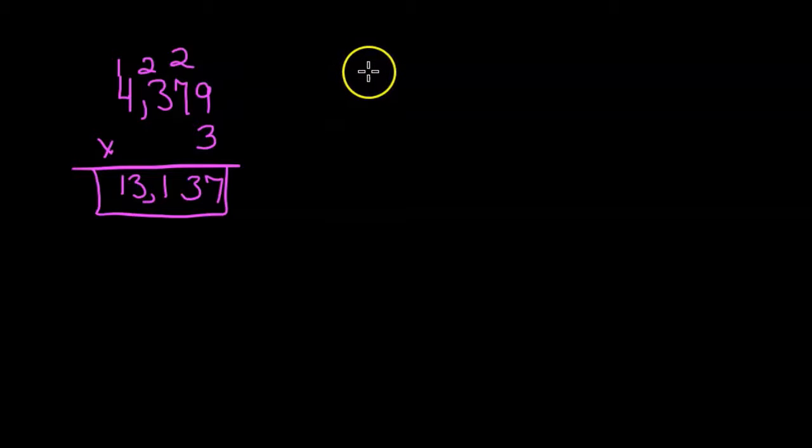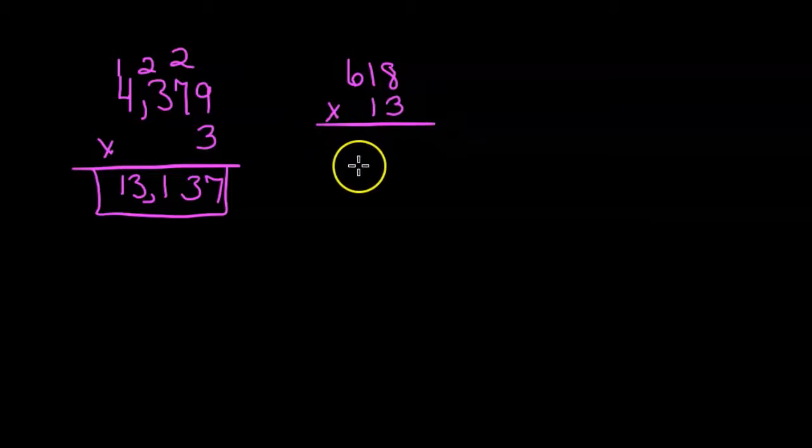So let's take a look at 4J. So 618 times 13. All right, so we're going to start with a 3. So then 8 times 3 is 24. Carry my 2. 3 times 1 is 3 plus 2 give me a 5, and then 3 times 6 would give me 18.